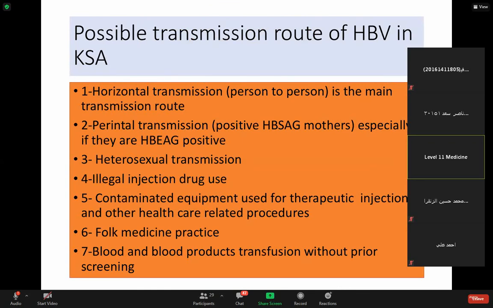Okay. So let's talk about the transmission of hepatitis B in Saudi Arabia.